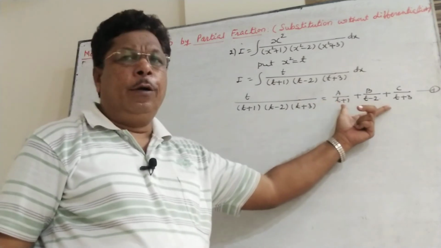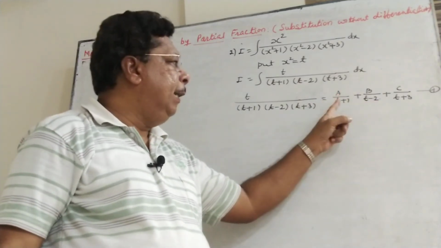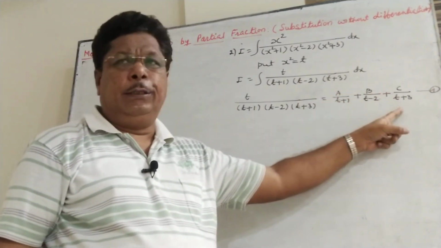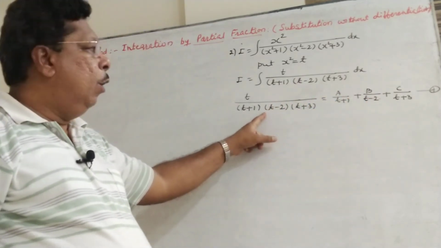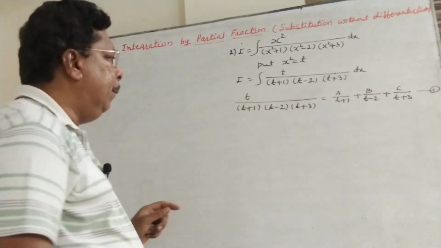Now take LCM on right hand side. If we take LCM, you will get t plus 1 into t minus 2 into t plus 3. Same thing is in denominator of LHS. Okay, do cross multiplication, remove the denominator.